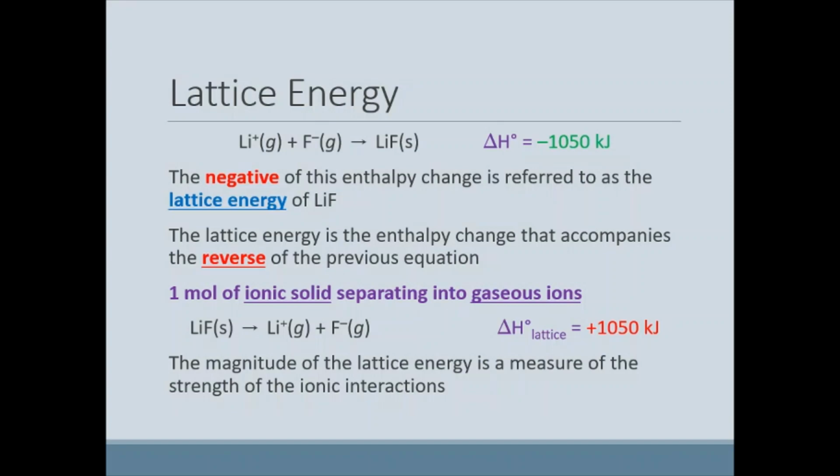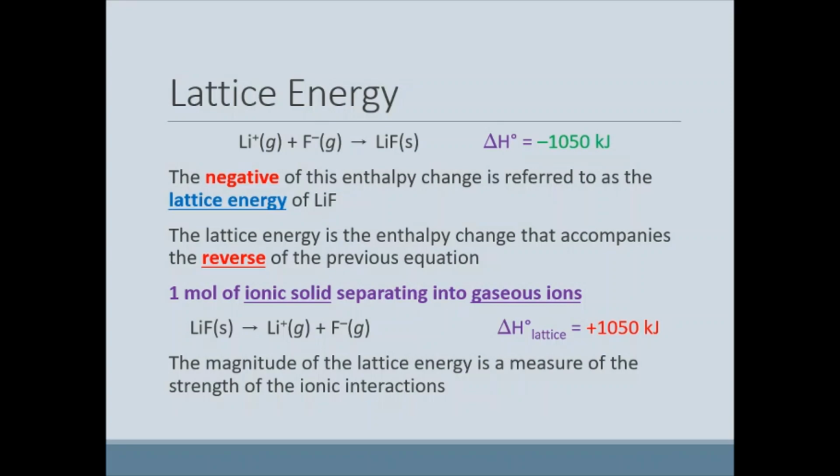That's not really an important part. The main thing you have to understand, and why I put it in a completely different color than everything else on the slide, is you have to understand that this lattice energy is always going to be between a solid ionic compound turning into gaseous ions. And so please note those two characteristics are a must.